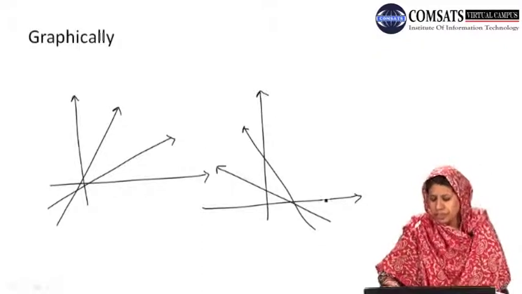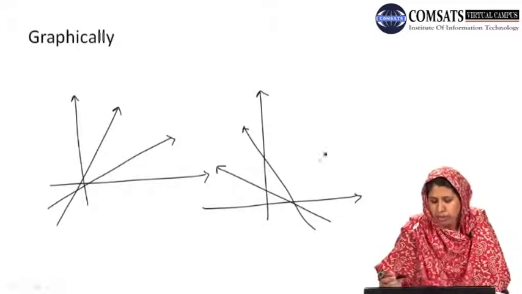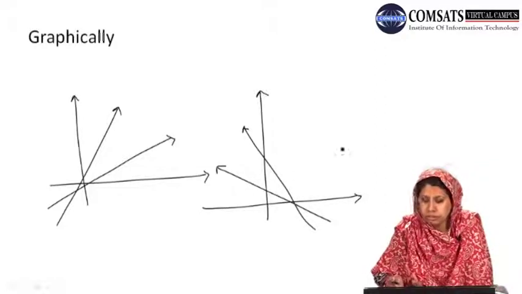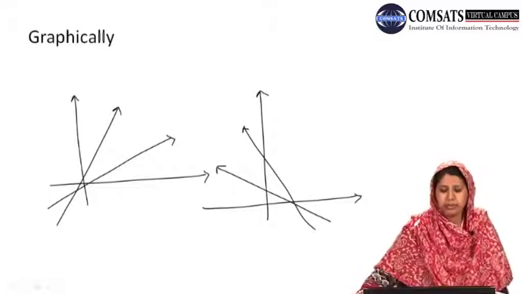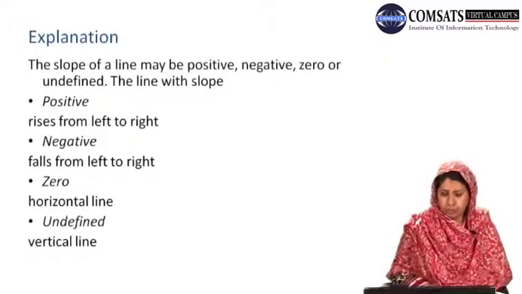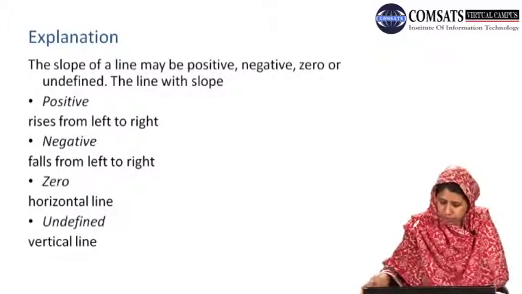So again we have two lines, and the second line which I have drawn is closer to the vertical line, more steep than the first line. So let's see what we mean by closer to vertical or steeper.